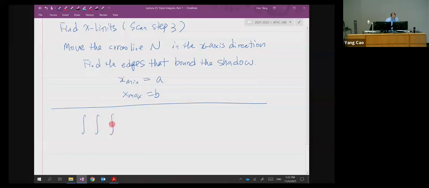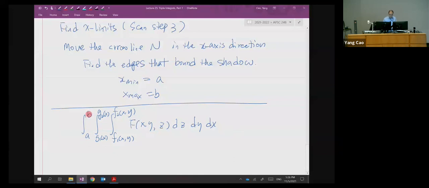So finally, you can put all of the information into the triple integral. We're integrating in the order dz, dy, dx. The first limits give me f1 of x, y and f2 of x, y. The second ones give me g1 of x and g2 of x. The last give me a to b.